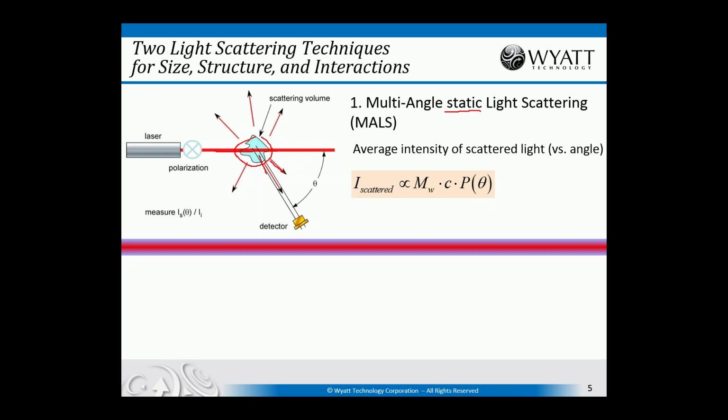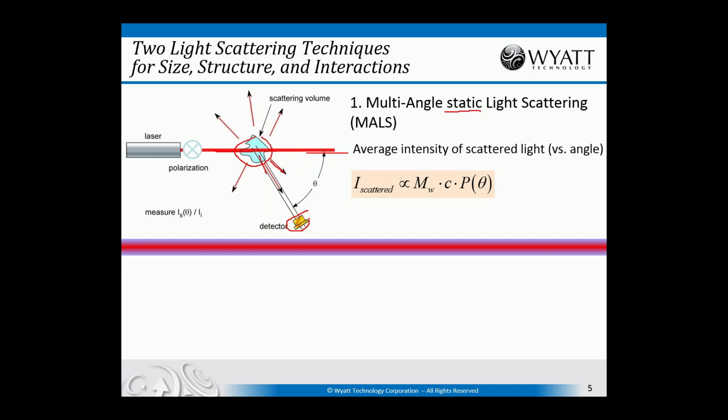In multi-angle static light scattering, we place detectors at several angles relative to the laser beam direction and measure the time average intensity of the scattered light. As we'll see in the next slide, the light intensity actually has rapid fluctuations, but we're going to average over those fluctuations just to measure the average intensity.